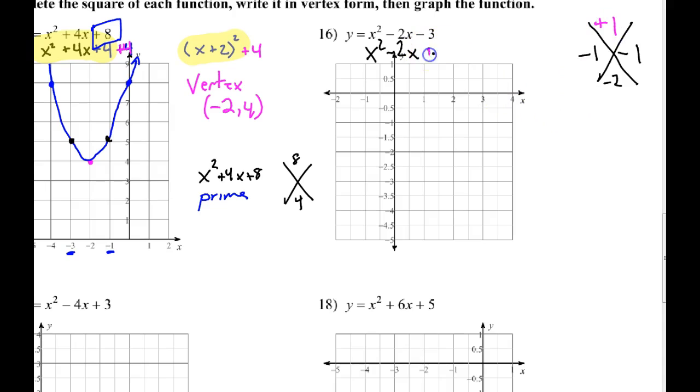This needs to be a positive. And to keep it equal to above, -3, what should we do? So 1 plus or minus what equals -3? 1 minus 4 is -3.